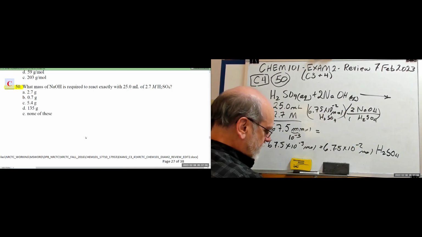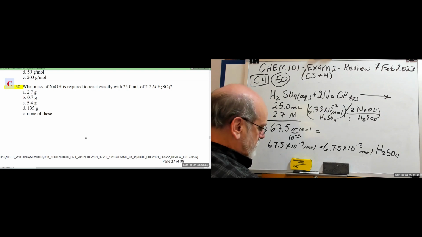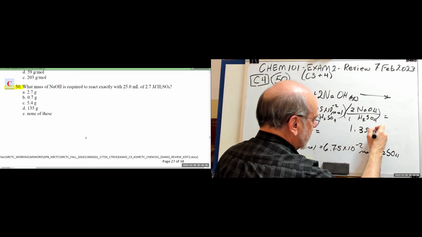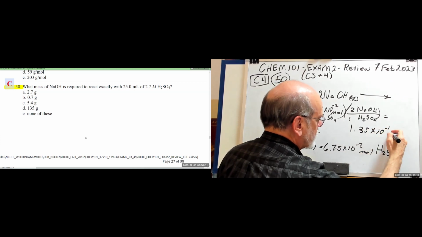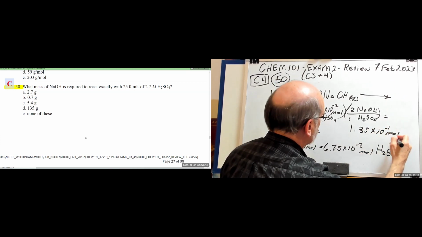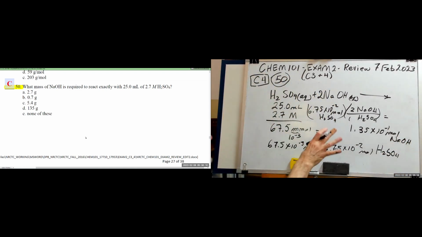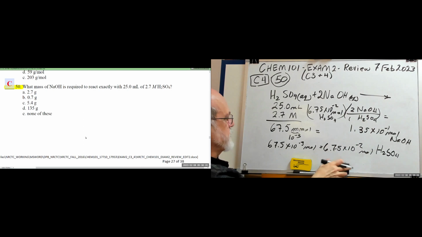So 2 times that value is 1.35 times 10 to the minus 1 moles of sodium hydroxide. Okay, so now we just need to convert that into mass.